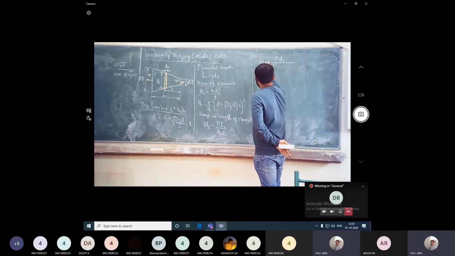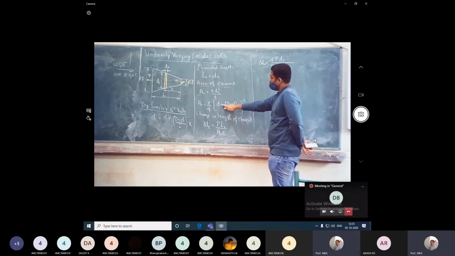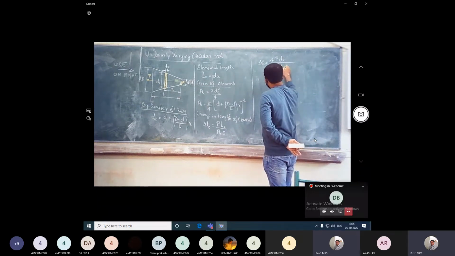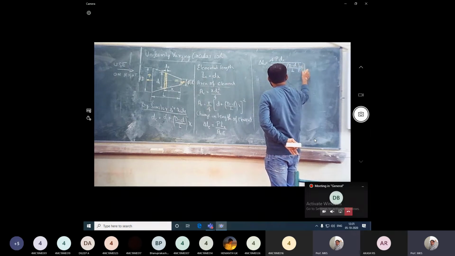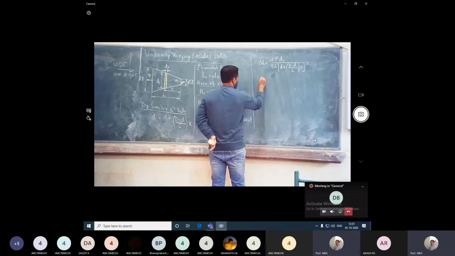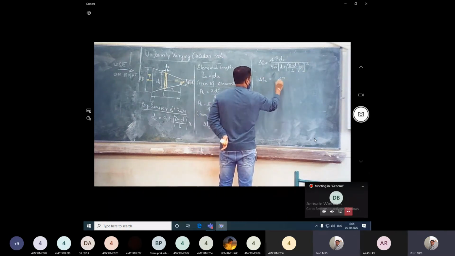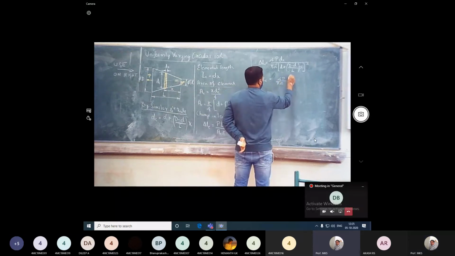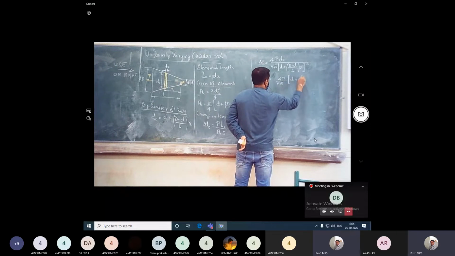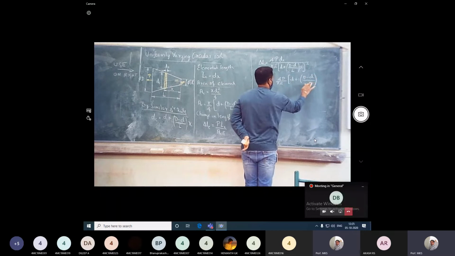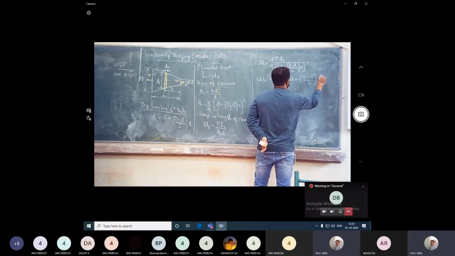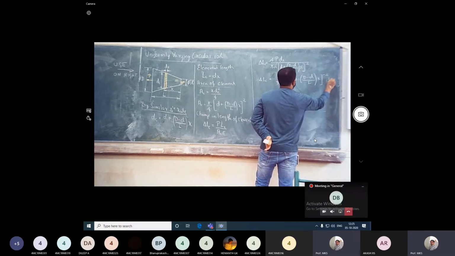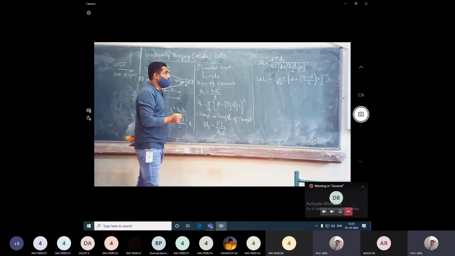Substituting the area, pi by 4 into the diameter term squared, we get 4P by pi E into (d plus (D minus d) by L into x) to the power of minus 2 into dx. So I would rewrite this equation.